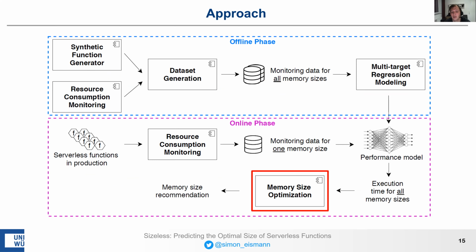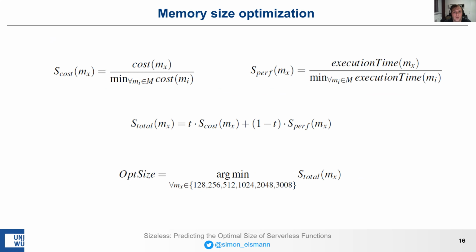Finally, let's talk about the memory size optimization. When we want to find the optimal memory size, we're looking at a multi-objective optimization problem because we want to optimize for both cost and performance. Here we apply a pretty straightforward solution where we derive a score for the cost, which is the cost divided by the minimum cost, as well as for the performance, where we have the execution time divided by the minimum execution time.